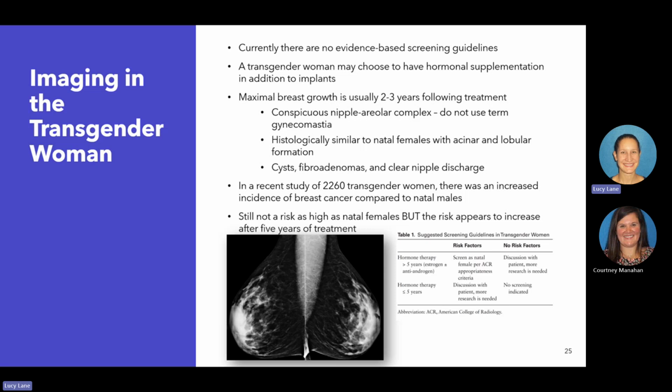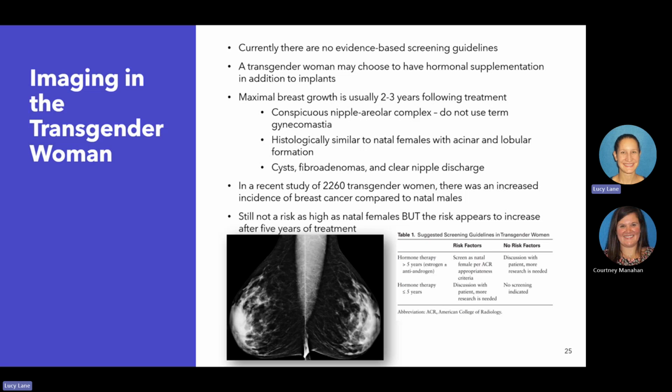There are ways of scoring a patient and telling them their risk, like the Tyrer-Cuzick, and that looks at your family history and all kinds of things. So if you have an increased risk factor and you've taken hormone therapy for greater than 5 years, then we actually recommend that you screen as a natal female per the ACR.